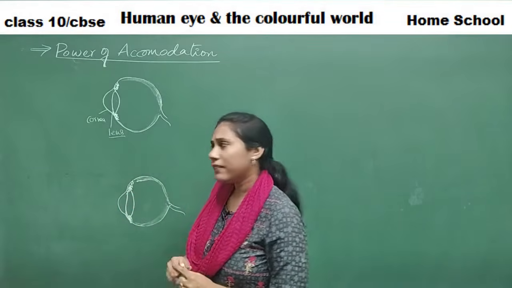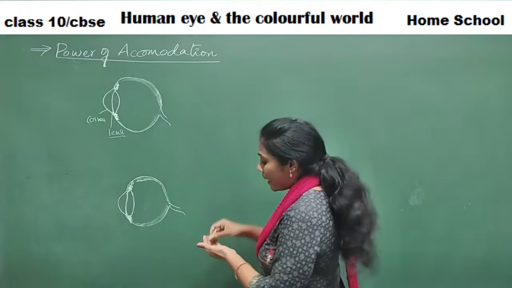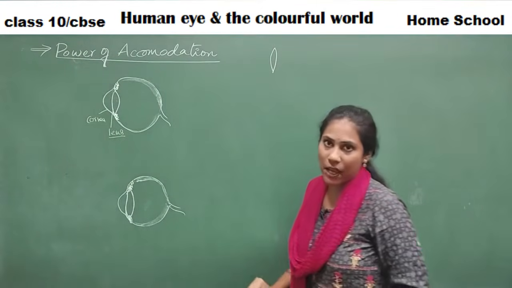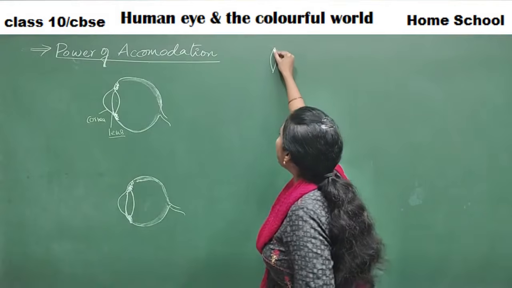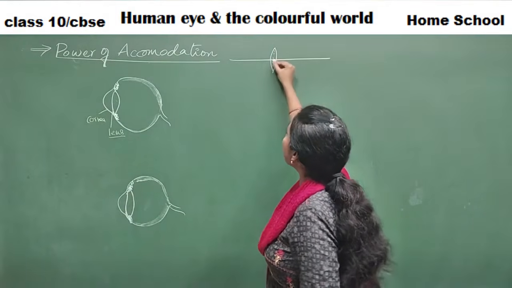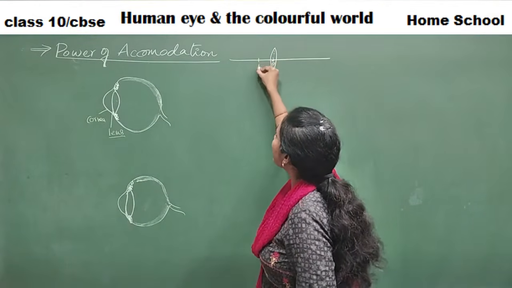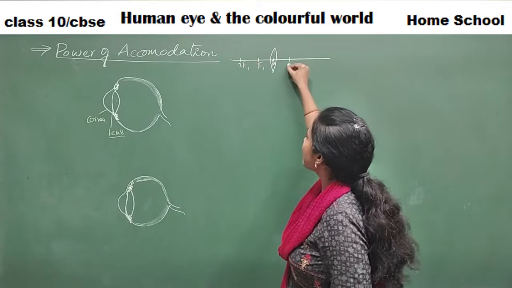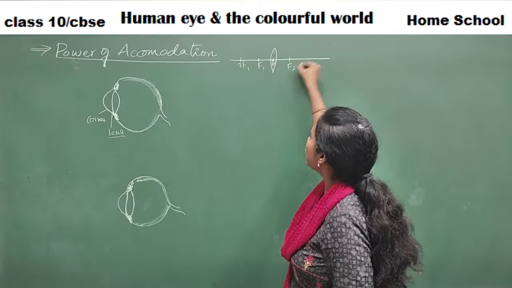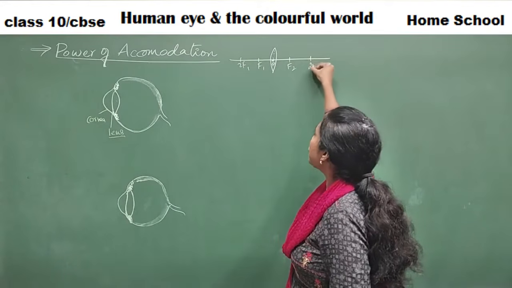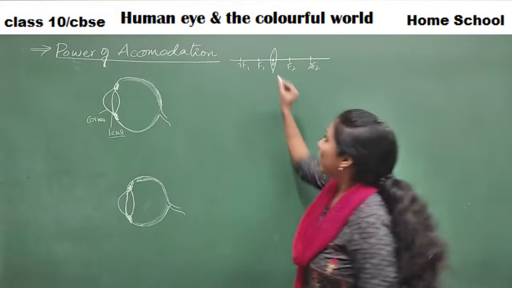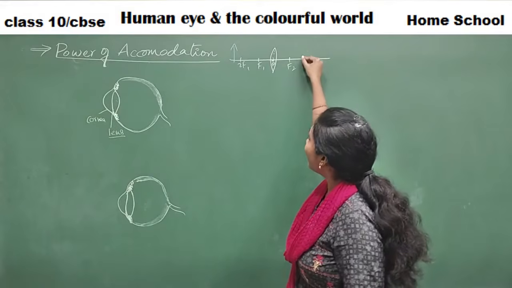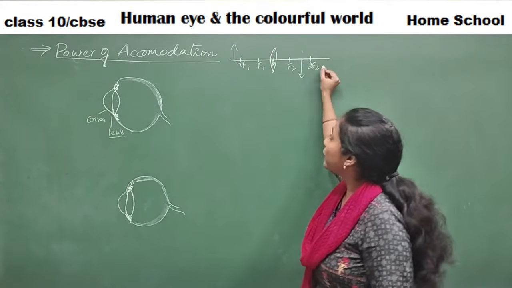And we have already studied the so-called convex lens in the previous chapter. In the convex lens, do you remember, if this is the optical center, this is F1, this is 2F1, on a principal axis, and this is focus point 2, this is 2F2, right? Whenever you keep an object here, you will get the image somewhere between F2 and 2F2.